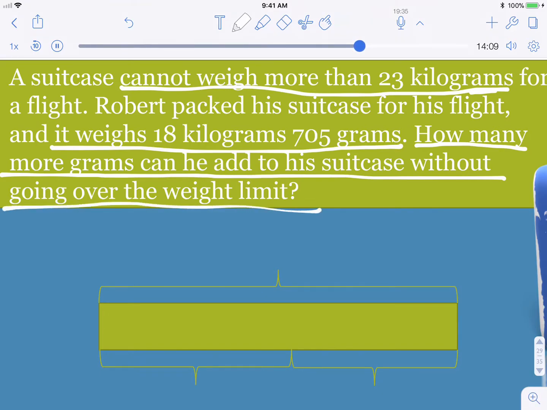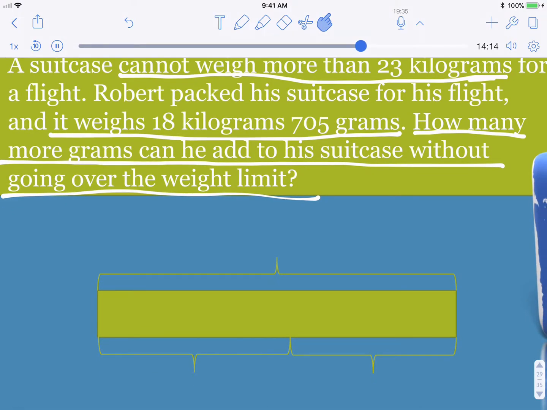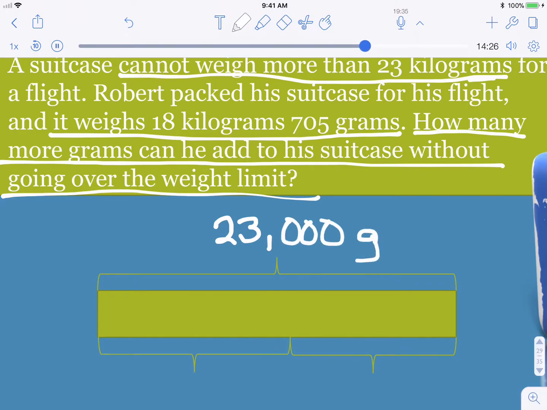So I want to know grams. Let's go ahead and get rid of the 23 kilograms. And what do we actually have? We have 23,000 grams.